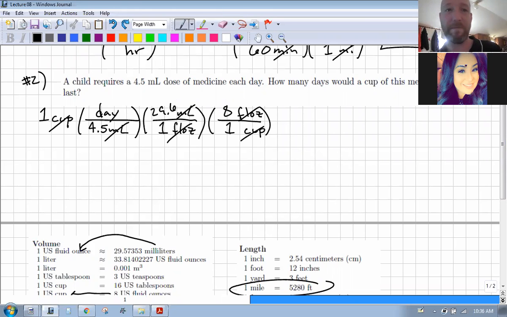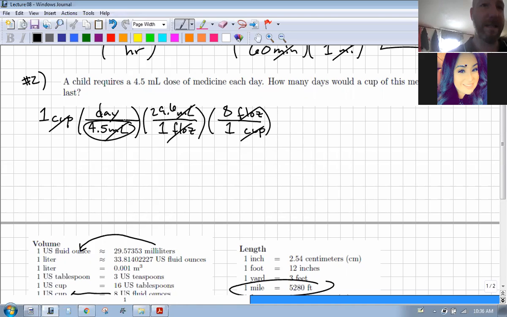Now follow that? If you look right here, we're turning cups into days. All we have to do is find out how many milliliters make a cup, basically. Like I said up here, 4.5 milliliters per day. If this is 1/10 of a cup, then it would last 10 days.